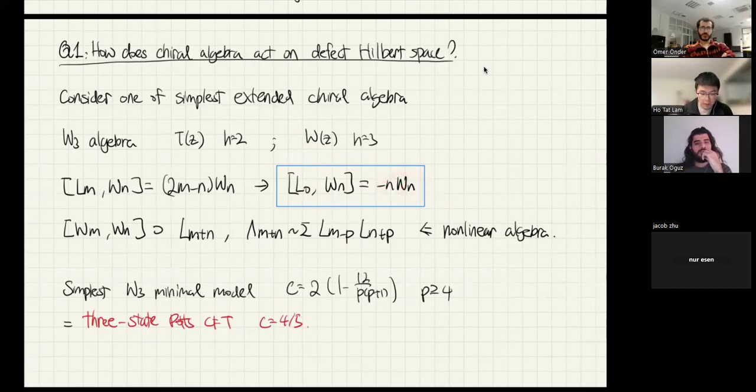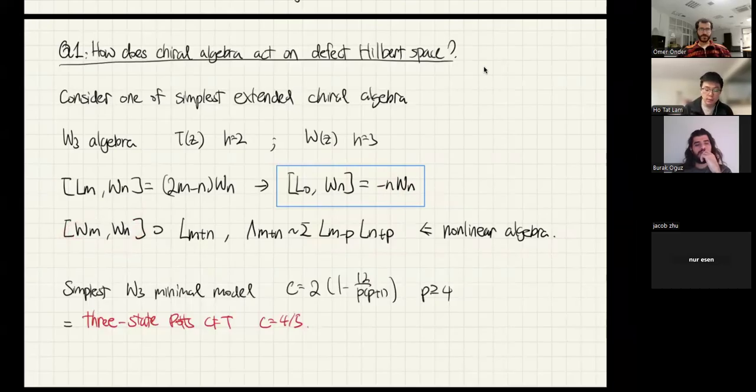Okay. And you can also consider the commutators of Wn's. One thing that's very unusual about the W3 algebra is that when you fuse two Wn operators, you get an operator that is quadratic in Ln. This is very different from Virasoro. The Virasoro algebra is linear, in the sense that if you take the commutator of two Ln's, you just get Ln. But in this case, if you take commutators of Wn's, you actually get something quadratic in Ln's.